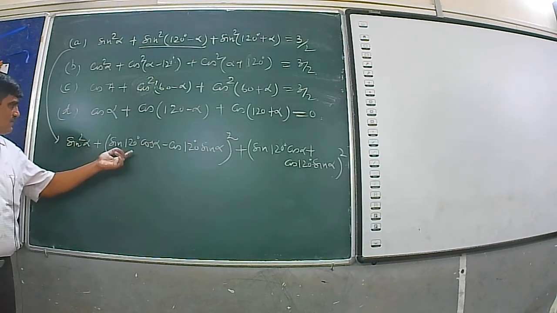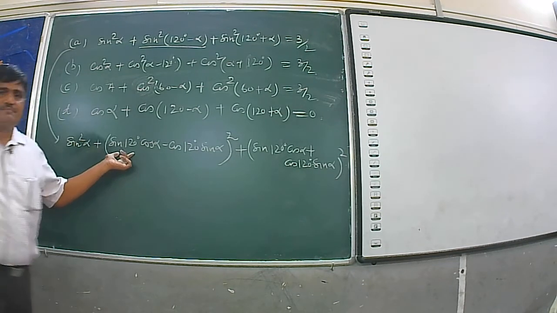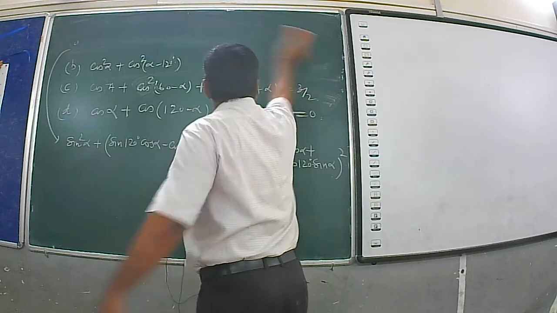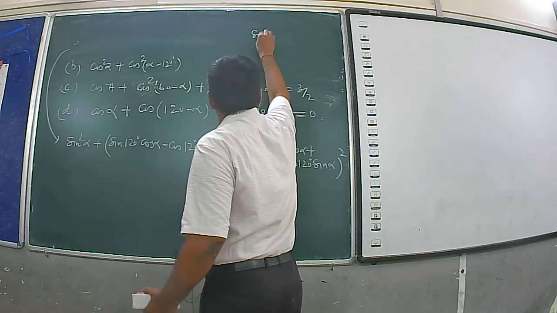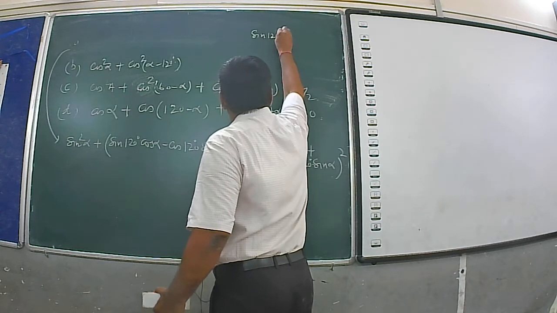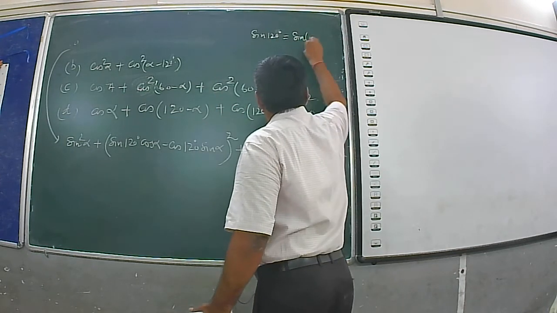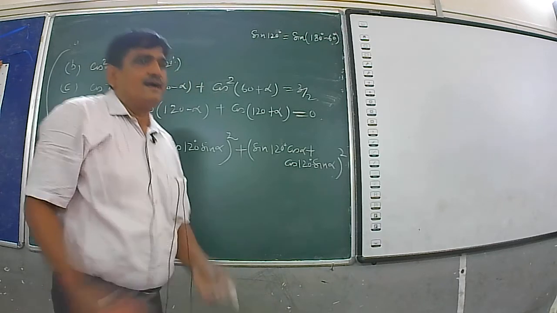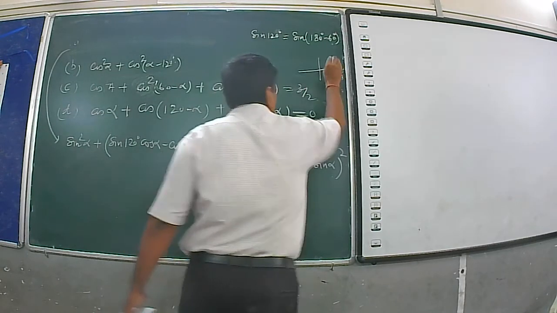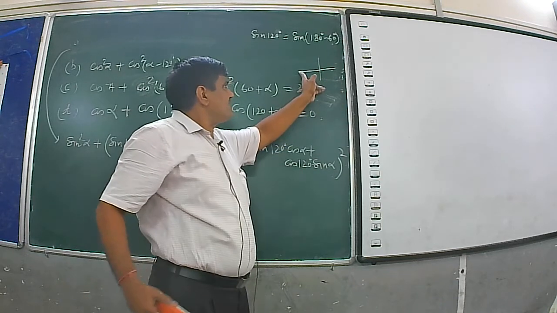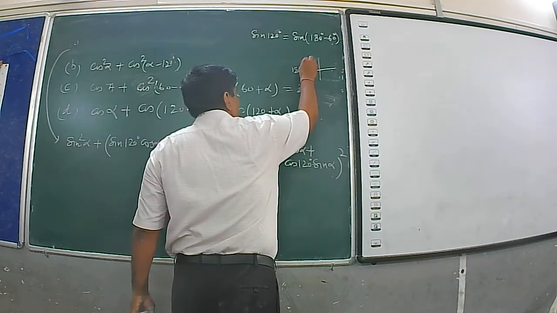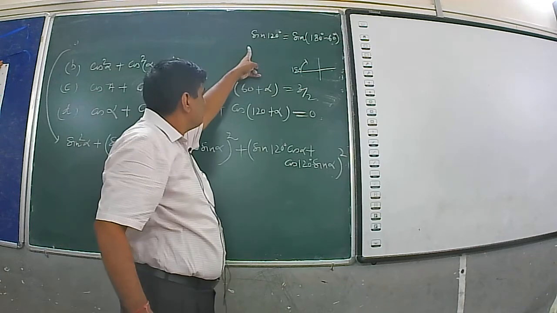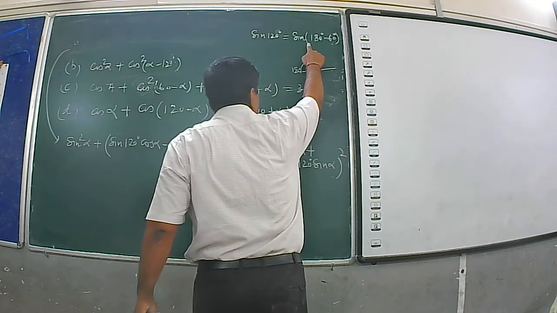Now, what is the value of sin 120? Sin 120 degree is equal to sin 180 minus 60 degree. 180 minus 60 lies in the second quadrant, and in the second quadrant sine is positive, and this is 2 into 90.